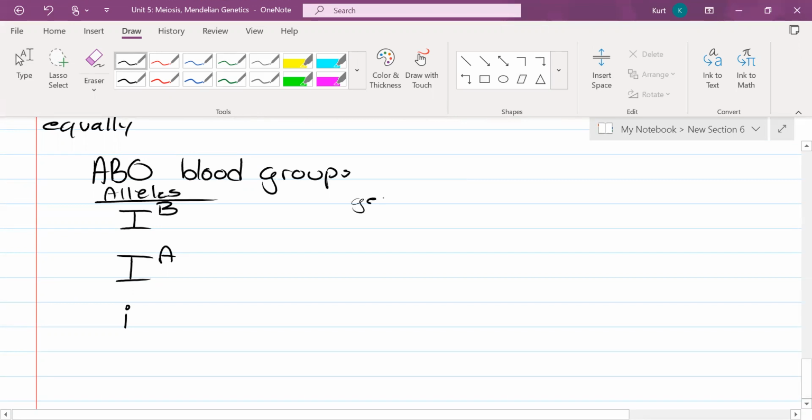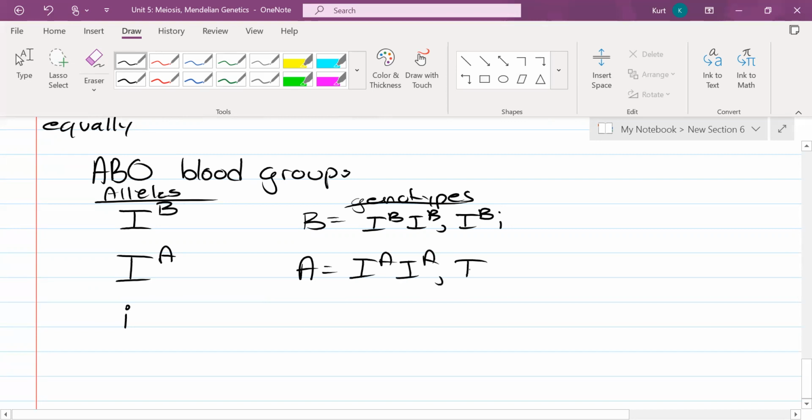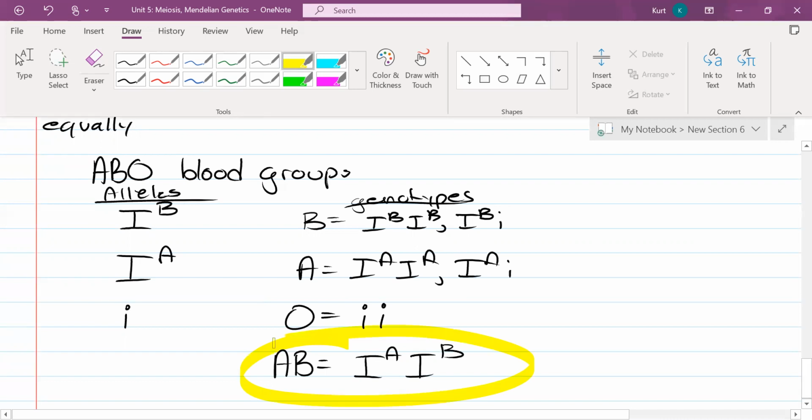When it comes to the genotypes, if you had type B blood, you would either have homozygous dominant or heterozygous. If you had the A genotype, you would either be homozygous dominant or heterozygous. If you were O, you can only be homozygous recessive. If you're AB, that would be heterozygous between A and B. This one right here is codominant.